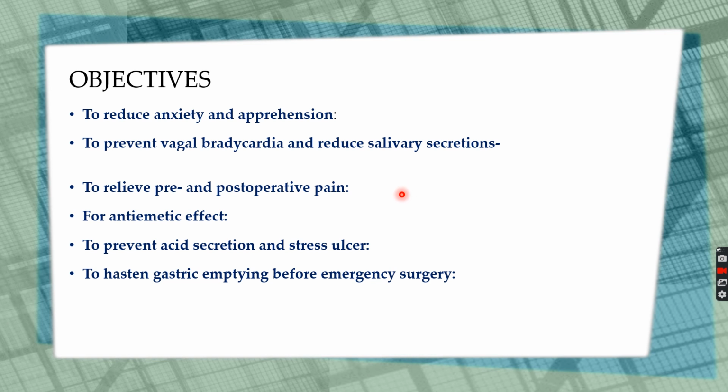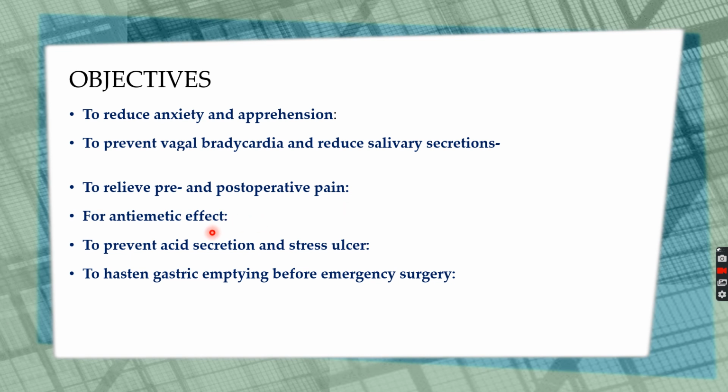The next important objective is to relieve pre and post operative pain. As we saw, many of the anesthetic agents do not provide good analgesia. Therefore, you have to give certain drugs along with the anesthetic agents to give good analgesic effect.